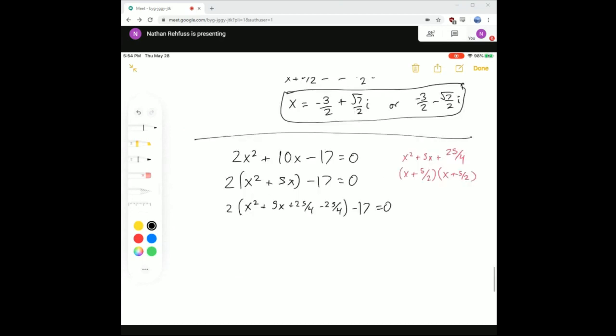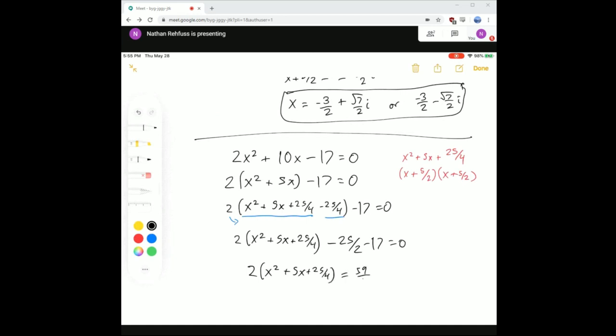This is the worst case scenario for complete the square. What I have to do is distribute the 2, and this is weird as well, to this thing and this thing. So I'm going to say 2x squared plus 5x plus 25/4 minus 25/2, 2 times 25/4, minus 17 equals 0. 17 is 34/2. So altogether, I've got 59 halves over here.